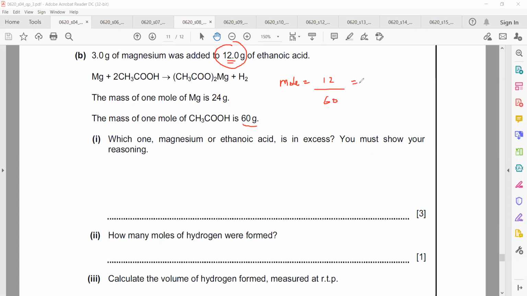So 12 divided by 60, what's the answer? 0.2. And now you have the moles, so you can take a mole ratio. According to the mole ratio, the ratio between hydrogen and ethanoic acid is 2 is to 1. So if you have 0.2 moles, this will be X. Cross multiply, you will get 0.1.